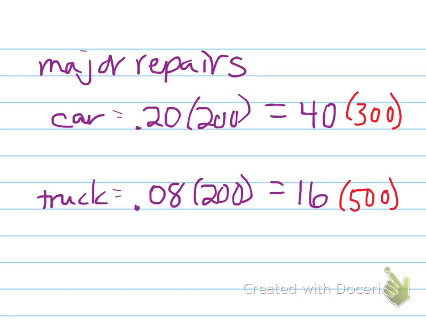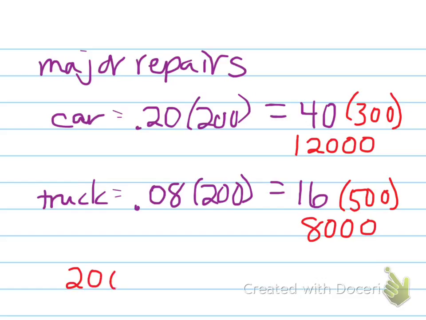We'll go ahead and multiply all those numbers out. 40 times 300 gives us 12,000, and 16 times 500 gives us 8,000. If we add those two numbers together, this portion of our business gives us about $20,000. However, that's not all.